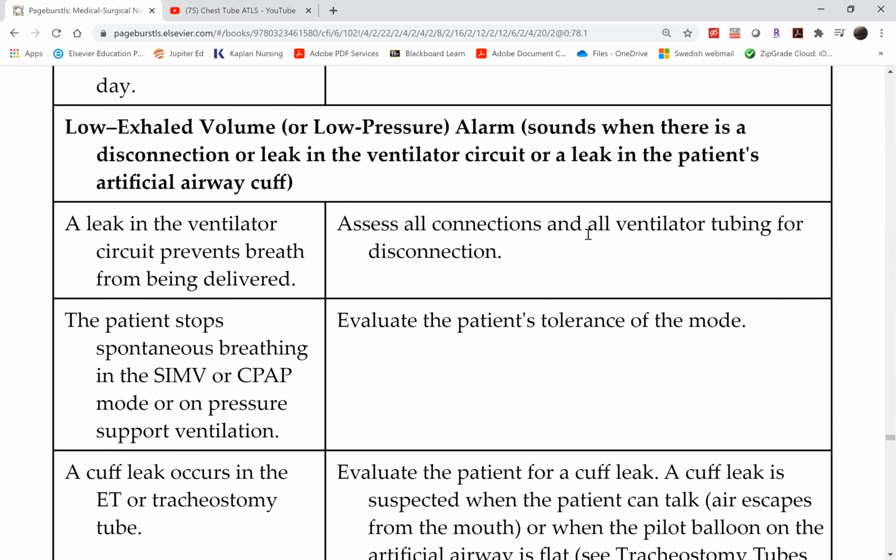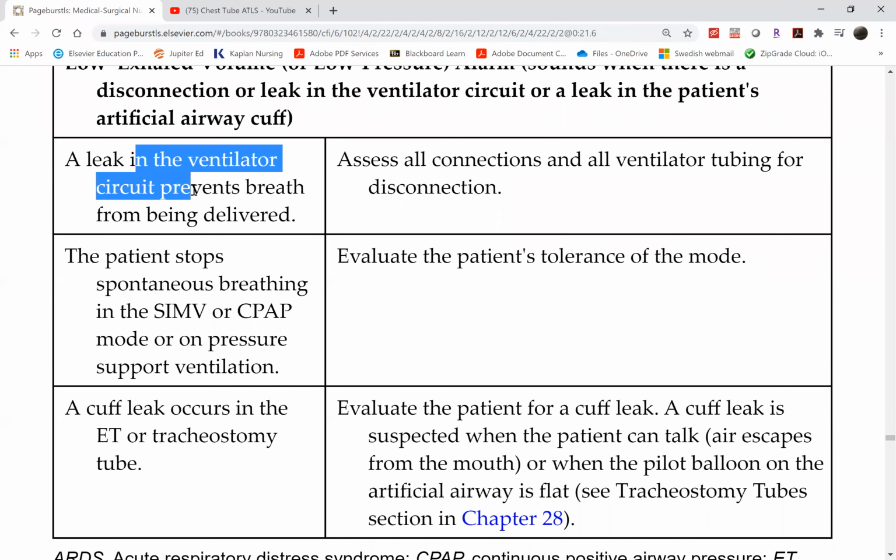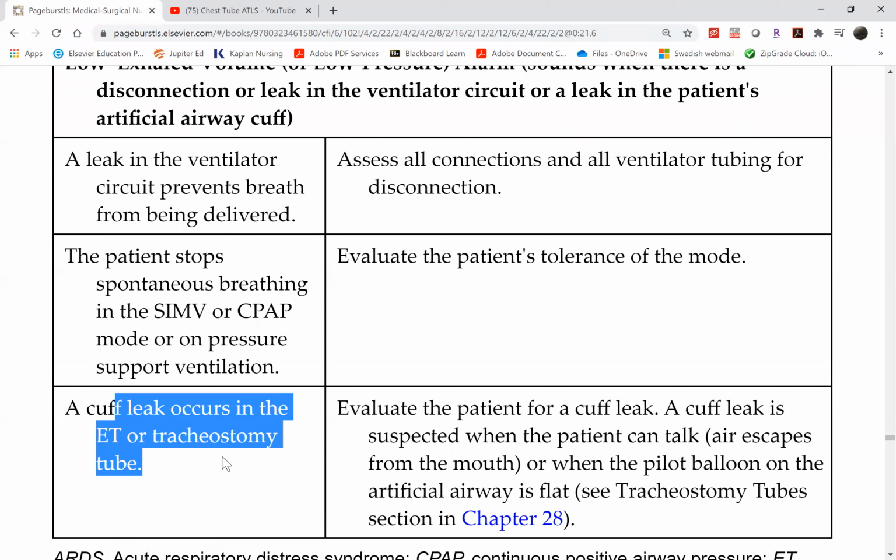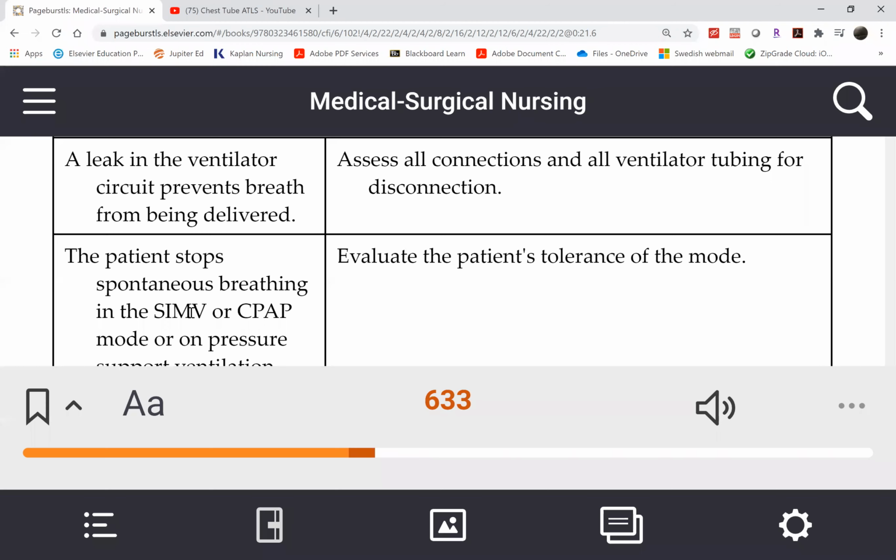All right, let's go to low pressure. So this is the exact opposite. What happens if you have a leak in the circuit, the tubing has a hole, or maybe it's disconnected from the patient, or you have a cuff leak, referring to the endotracheal tube. So the cuff inflation pressure is low. So you have a leak of air going around the tube, or the patient stops breathing.